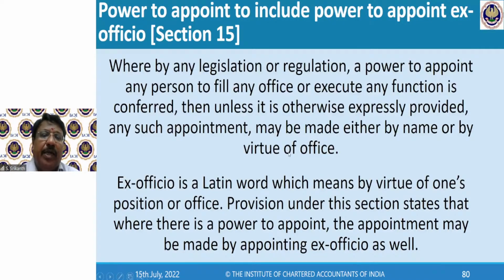Later on, if you come to arbitration, you will find nothing to do with this, because here we are only talking about appointments by any legislation or regulation. Whereas there may be an arbitration clause, where the two parties may say, the third arbitrator shall be the president of the Chamber of Commerce, Madras Chamber of Commerce and Industry.